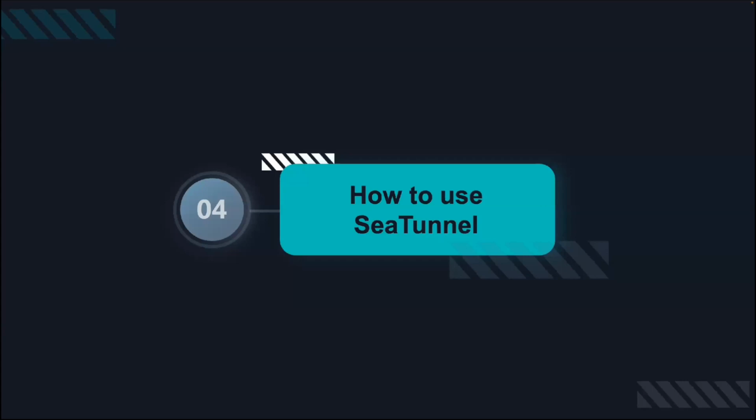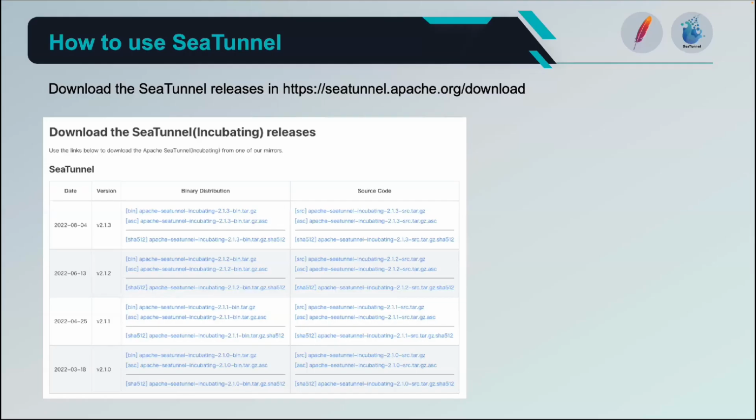Next, I will introduce how to use SeaTunnel for data processing. Simple and efficient use has always been our goal. First, you should download the binary package of SeaTunnel from our official website. You can also run it through Docker, or in Kubernetes. Here we talk about the most frequently used method as an example.